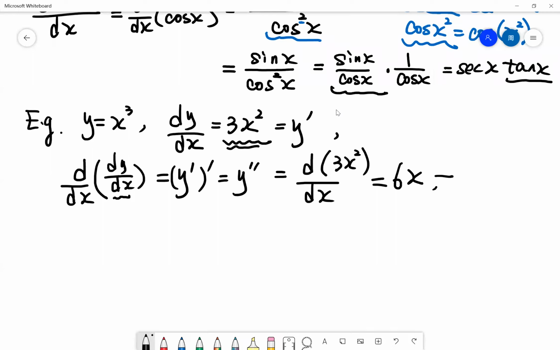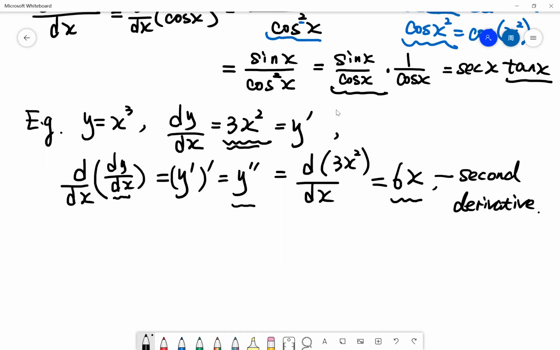So we call it the second derivative. Can you understand the second derivative, guys? Yes. So we can have higher order derivatives. You will see y double prime here is 6x, right?